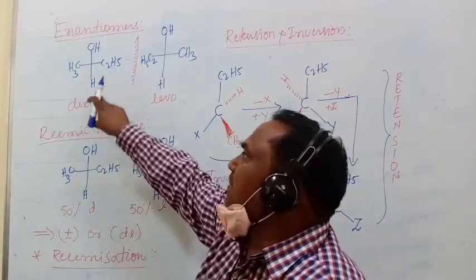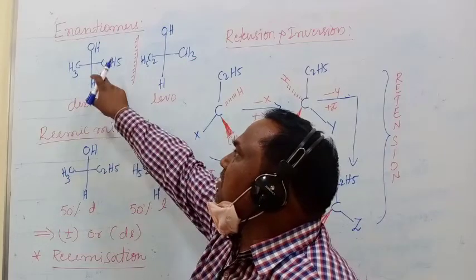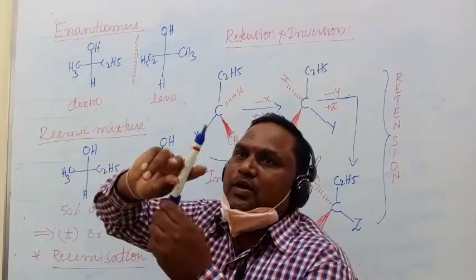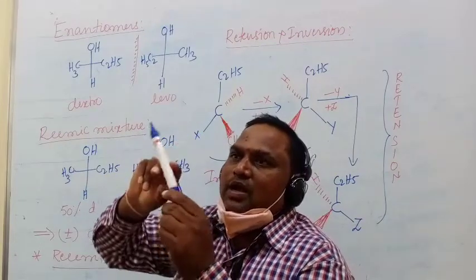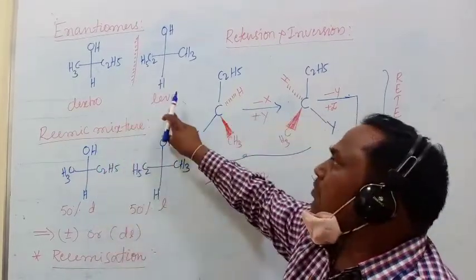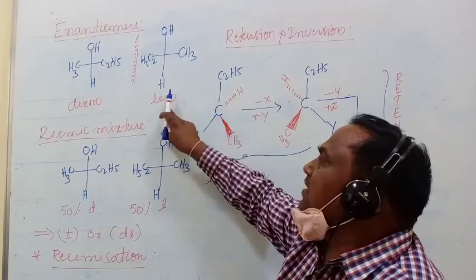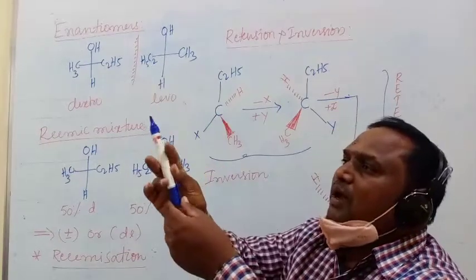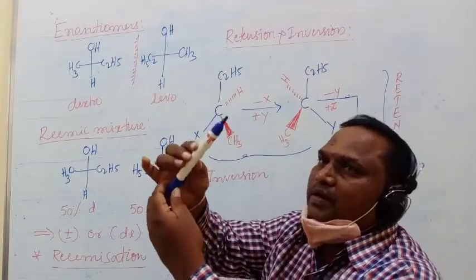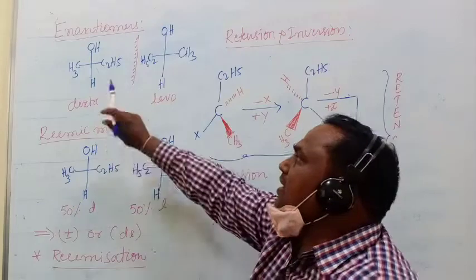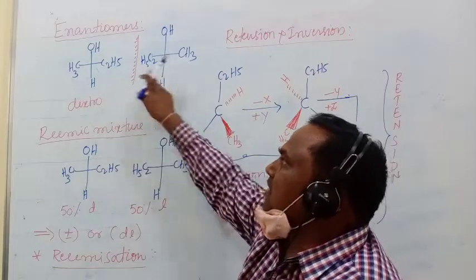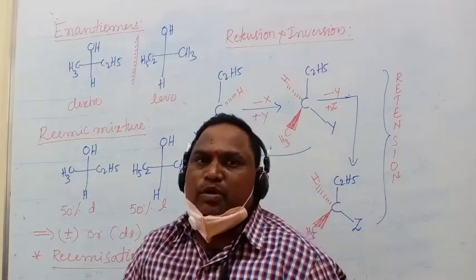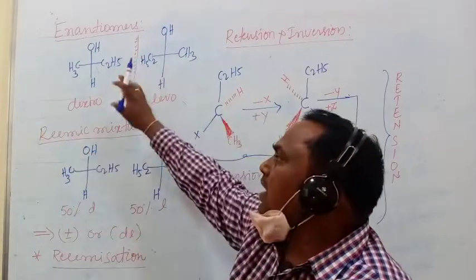Levo rotation: this isomer rotates the plane polarized light towards the left side. So these are the two isomers which are non-superimposable to each other, called enantiomers.